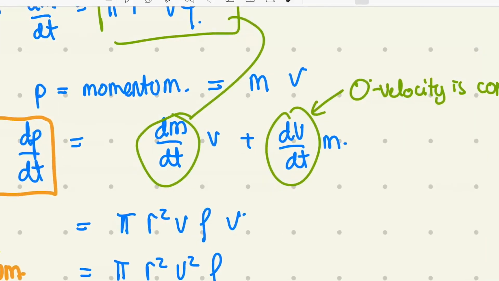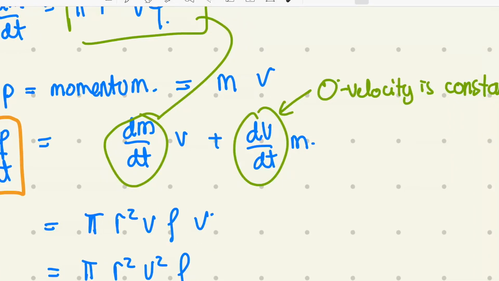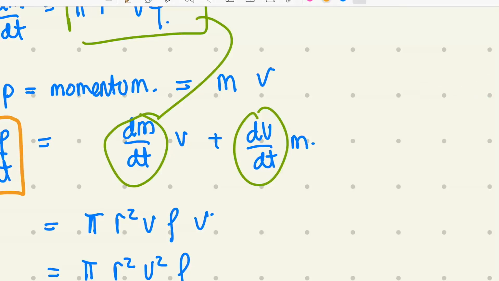So dp/dt equals dm/dt times v plus dv/dt times m. Then this dv/dt here will be 0.